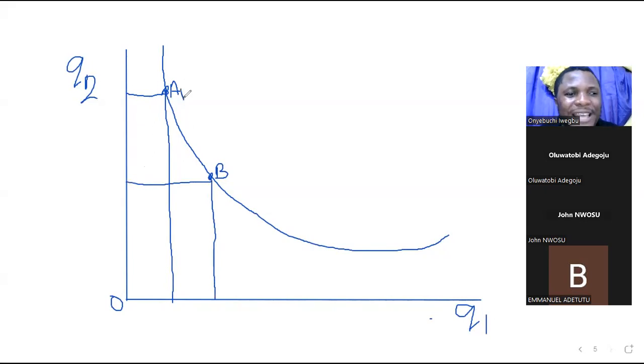Moving from point A to B, what has happened? There's a trade-off. And the trade-off is that I gave up. Look at the magnitude of what I gave up. Look at how big it is. Just because I want to get this small thing. Have you seen it? So this curve is convex to the origin, meaning I am willing to trade off more.